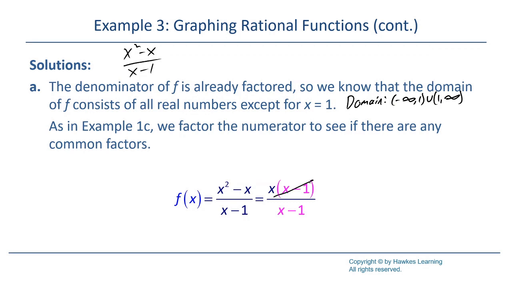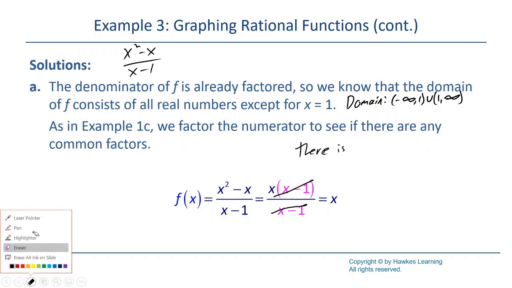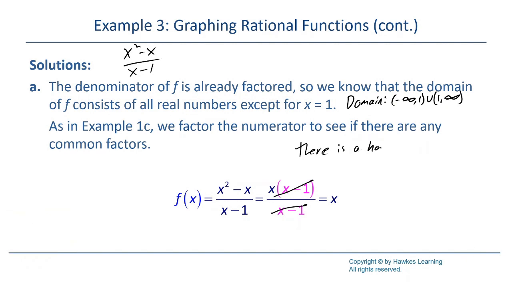And like before, factor out an x, and that just leaves you with f of x equals x. So there is a hole at x equals 1. Specifically, we now have to figure out what's the value of the hole.